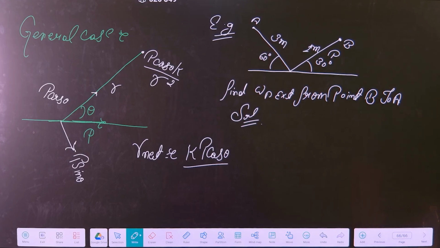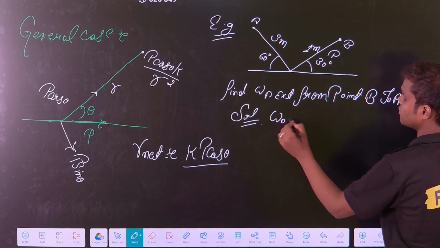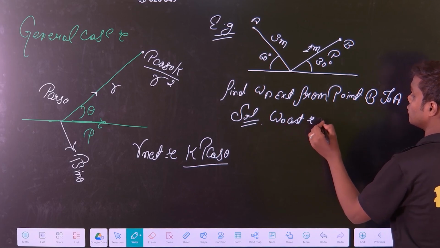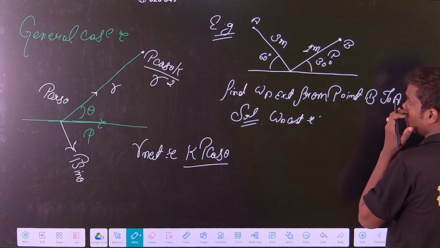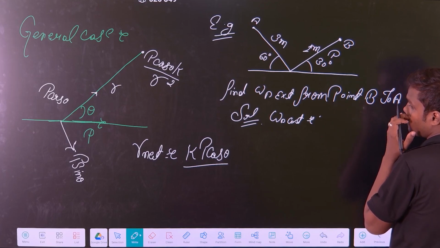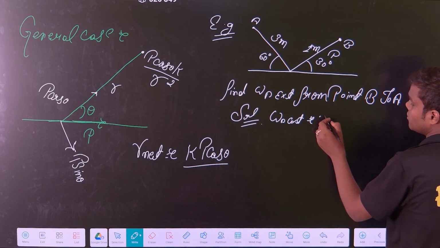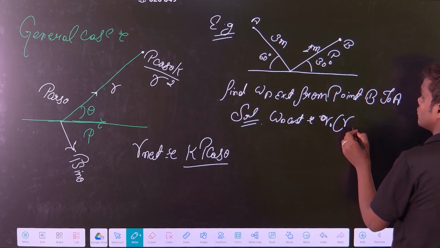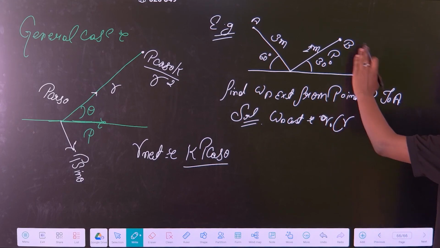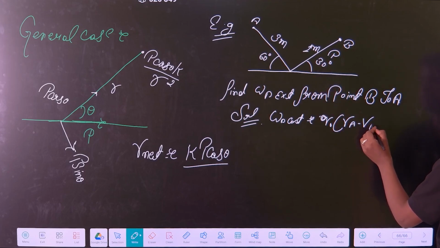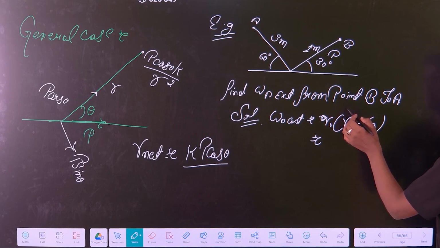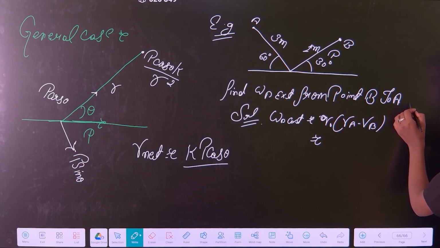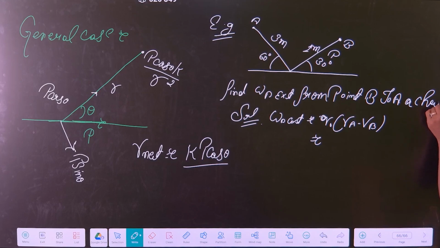Now you tell me. What is the work done by the external agent? That is equal to Q naught into, we are going from B to A, so VA minus VB, correct? Here we have to write charge Q naught.